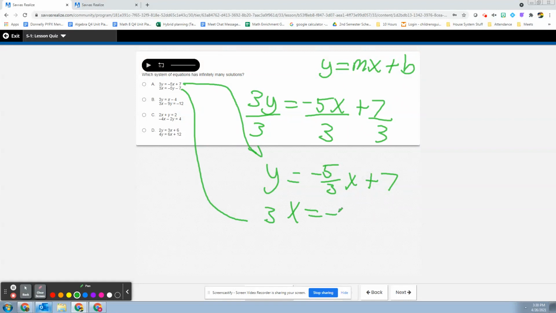3x equals negative 5y minus 7. This one's a lot harder to get into slope-intercept form. The first thing I would do is add 7 to both sides.